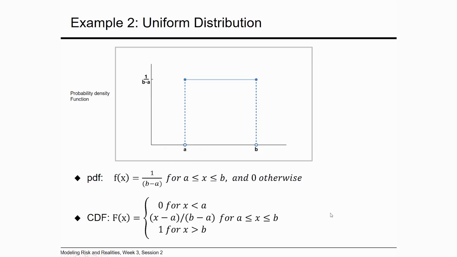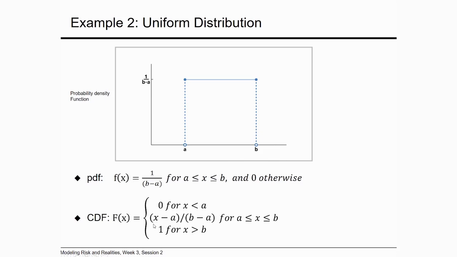Similarly, we can write the cumulative probabilities. The cumulative probability of any value up to A is 0, because the random variable never takes a value less than A. Similarly, the cumulative probability of the random variable being less than B, or any number higher than B, is 1, because the random variable is always contained between A and B. Between A and B, the cumulative distribution is given as follows.